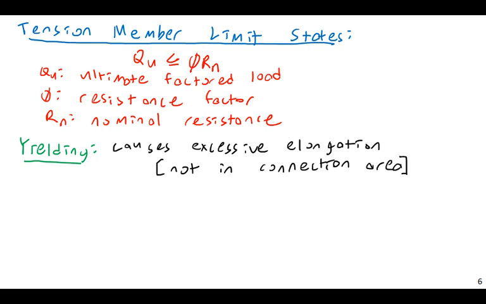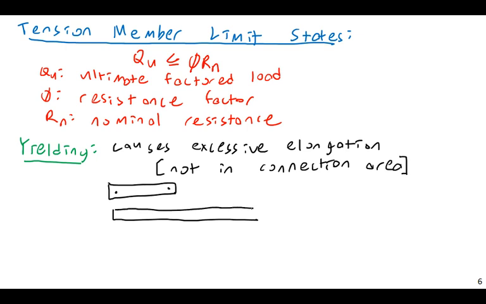Yielding is only a significant limit state for long members like tension members. If you want to envision this, you have an initial length like this, you apply a load, and it stretches out. So now it's like this, and you are applying some load P. Okay, what's next?